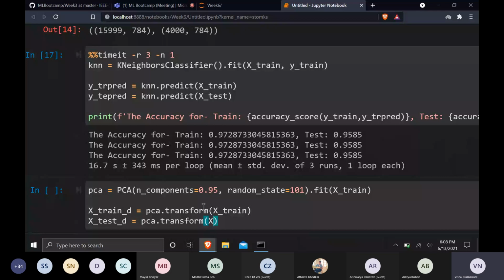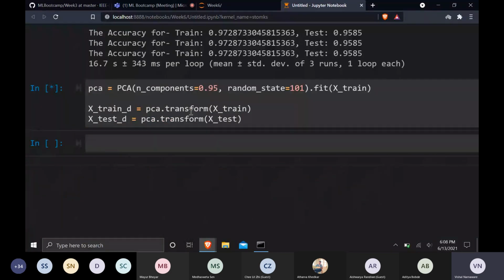This will decompose your data set, and all the things that Aditya has told you, like the eigenvalues and eigenvectors, selecting the different eigenvalues and eigenvectors, and after that multiplying with your original data vector. All of that has been done with this PCA class, right?